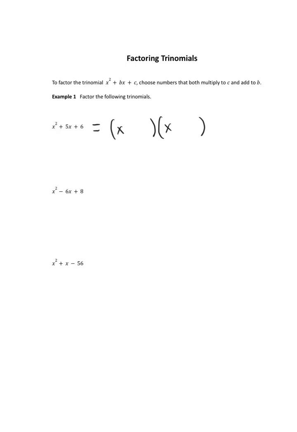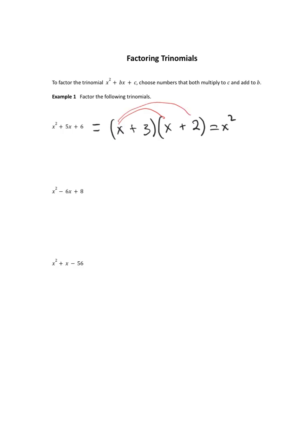And then you look at kind of the last terms, and think about how it relates to the middle term. So 6 could happen from a 3 times 2, right? Or a negative 3 times negative 2, okay? But let's look at what happens if I distribute this. So the x times x, that's x squared. That's good.